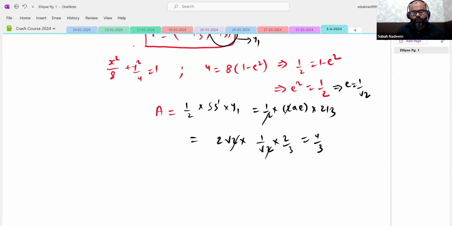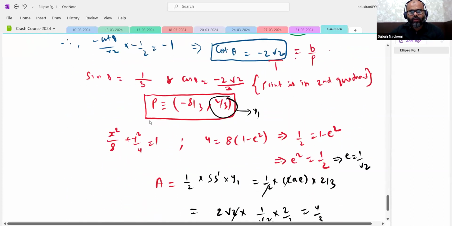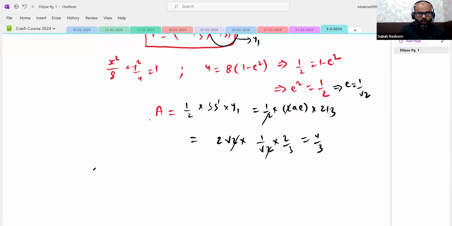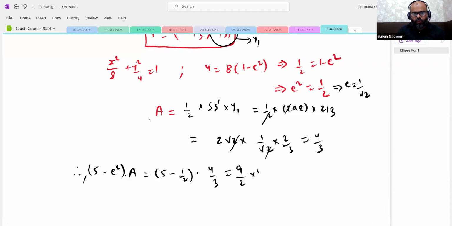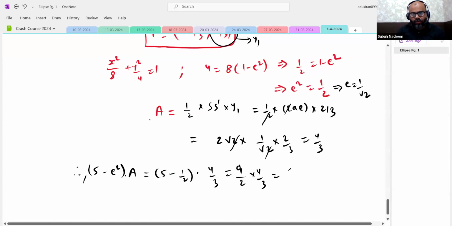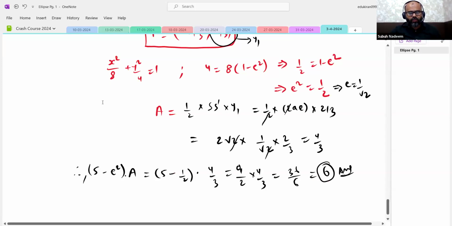It will be 4 by 3. So if we see the value 5 minus E square into A, therefore 5 minus E square is 9 by 2, A is 4 by 3. It will become 9 by 2 into 4 by 3. So 36 by 6, which will be equal to 6. This will be your answer. Now you can write it down.